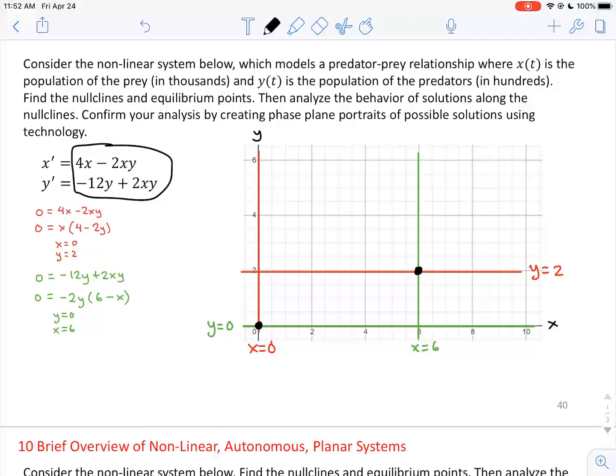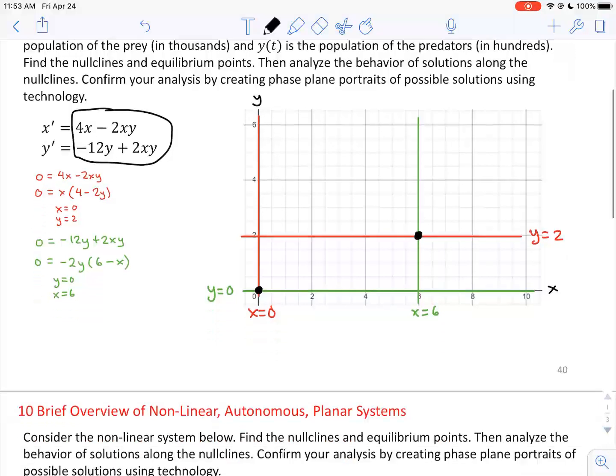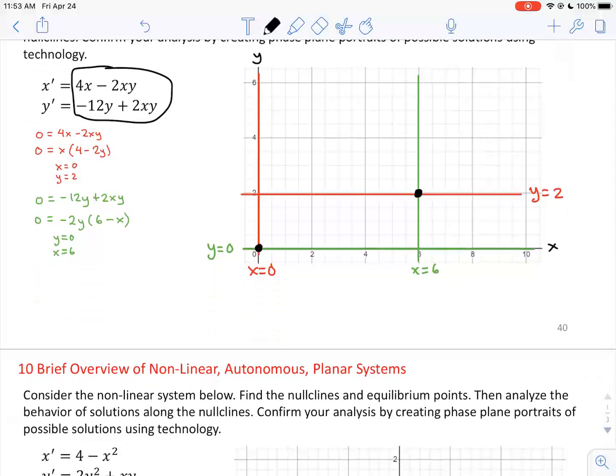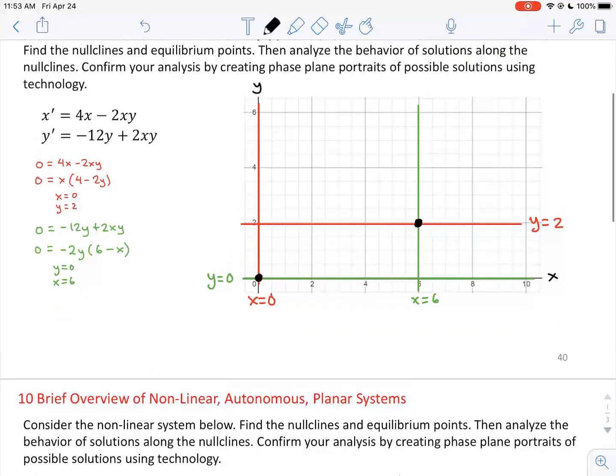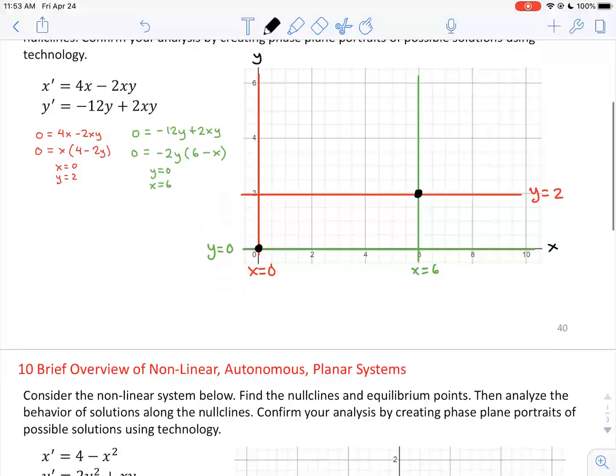If x is 6, then y prime is going to 0 out. What that means is that if x is 6, then y prime is 0. Let's do an x equals 6 analysis. Let me make a little bit of space here, and put my work here for the two nullclines.